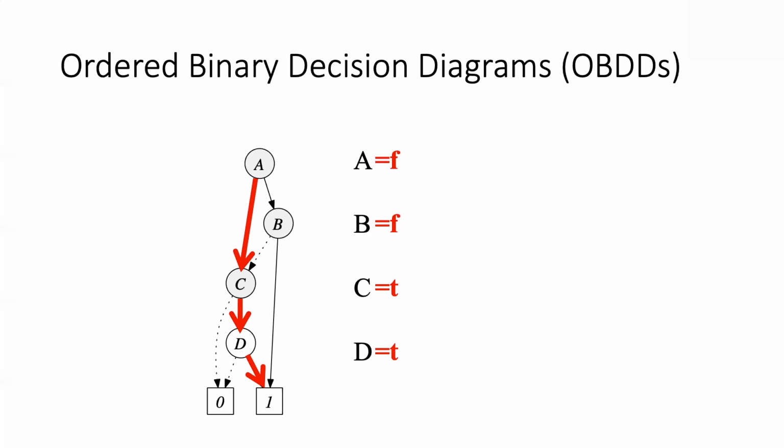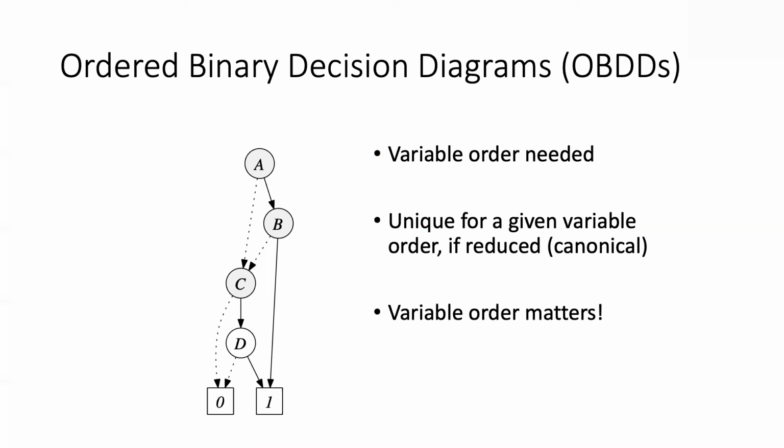Now, as we mentioned before, you need a variable order for this, and OBDDs are unique once you fix the variable order, if you make sure also that the OBDD is reduced, and this is what we called canonicity. It's something that is important, and we'll see why later.